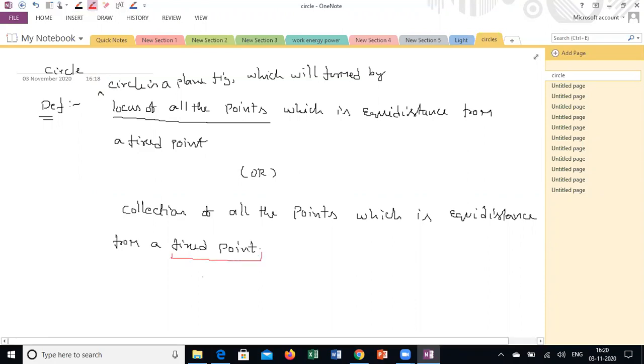This fixed point is called the center of the circle. That equidistance is called the radius. This collection of the points is called the diagram created by the condition. That is the plane figure of the circle.